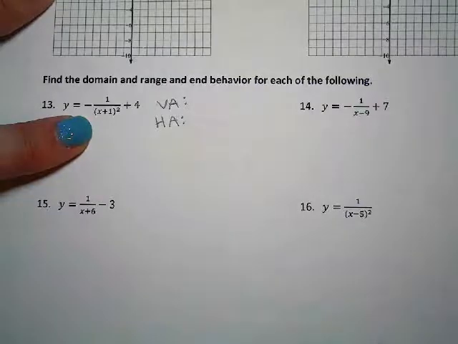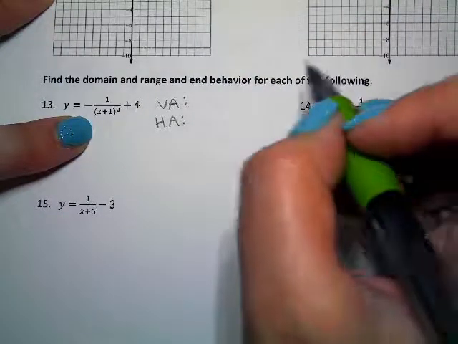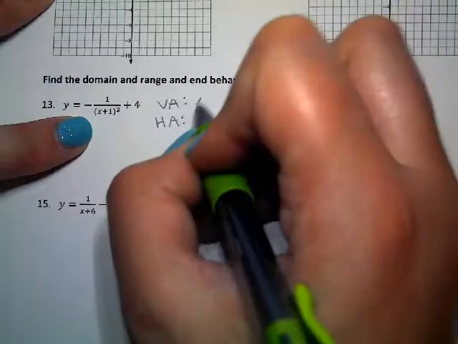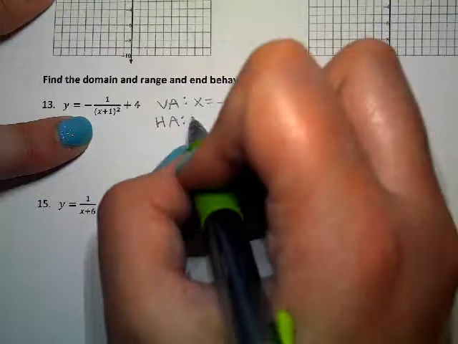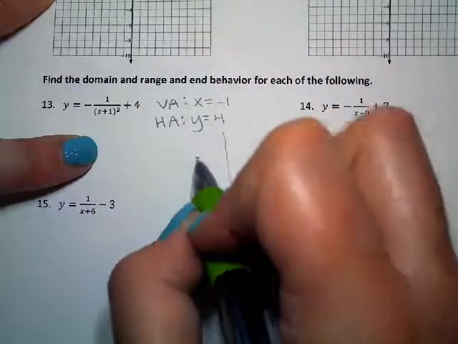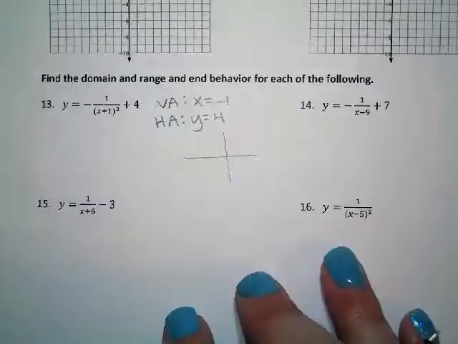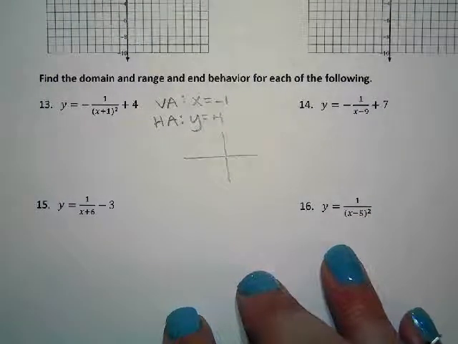What's the horizontal asymptote? Okay, so I'm going to draw a little sketch of this because I know that my domain is pretty easy because it always has a left half and a right half, but my range could be a bottom half and a top half, or it could be just a top half, or it could be just a bottom half. So the range is the answer that's going to change up, okay? The domain, that's going to be pretty consistent.